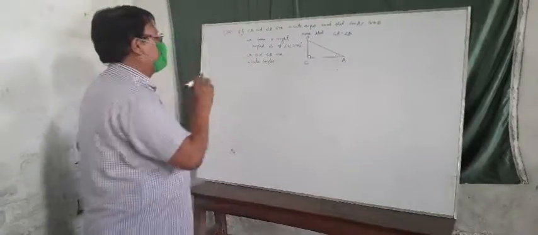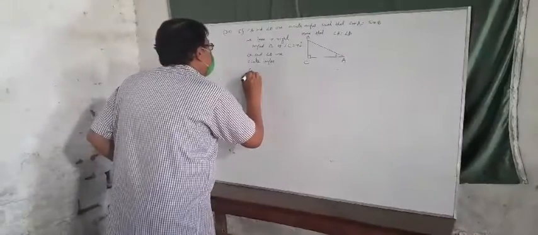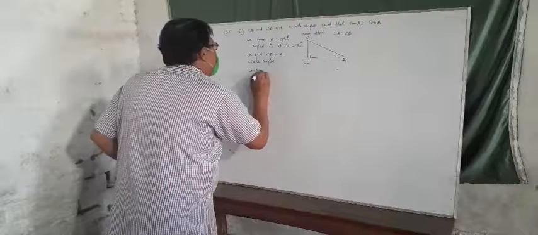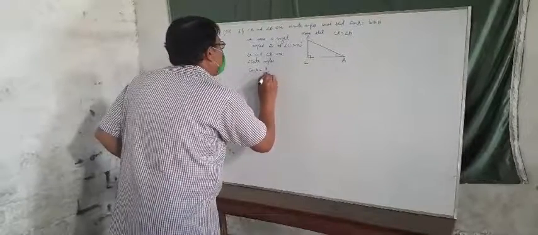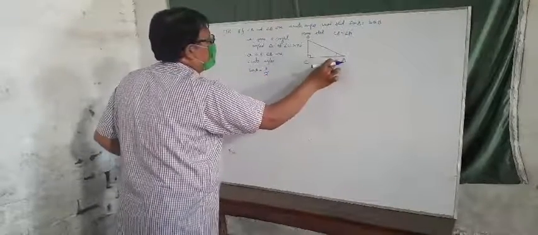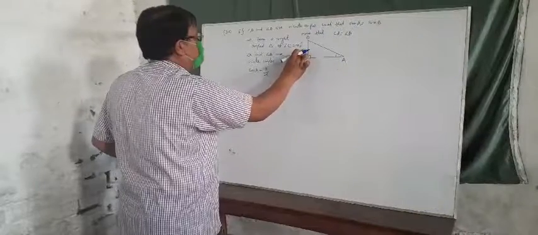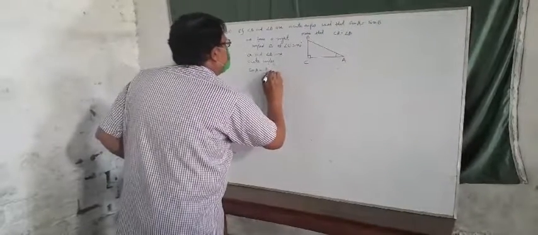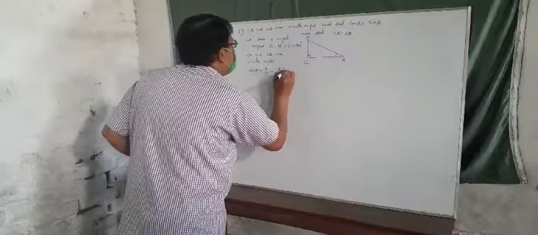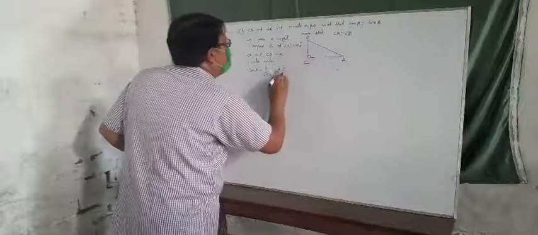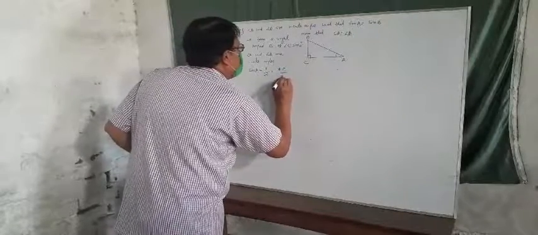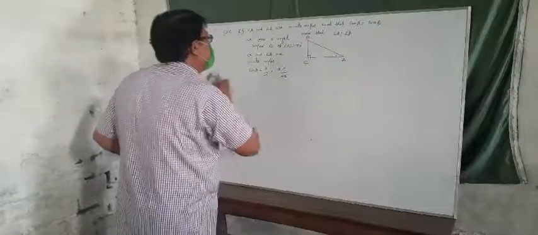The value of sin A, we know sin A equal to P upon H. For angle A, the perpendicular is BC and H will be AB, so sin A is BC upon AB.